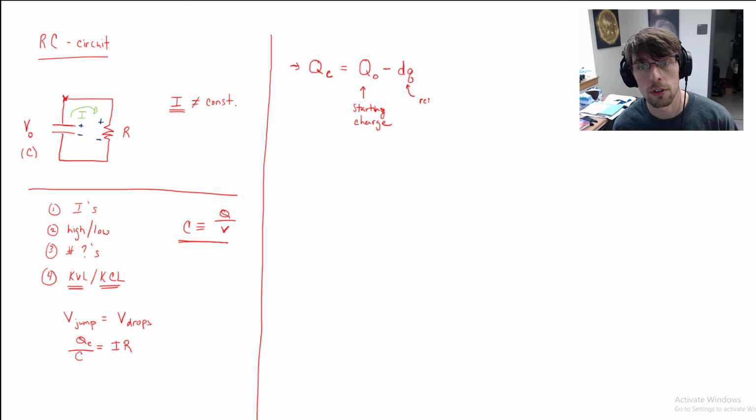Removed charge. Okay. Now here's the next question for you. How does my current I, the current flowing through the resistor, relate to the charge that has been removed from the capacitor plate?